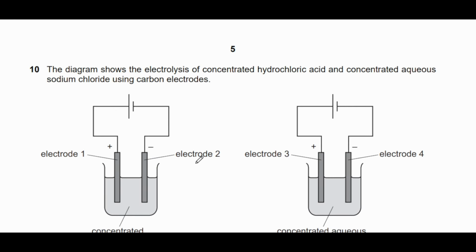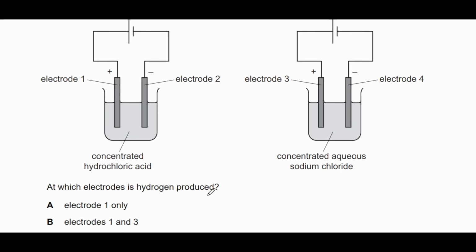The diagram shows the electrolysis of concentrated hydrochloric acid and concentrated aqueous sodium chloride using carbon electrodes. At which electrode is hydrogen produced? Okay, so firstly, you need to know that a hydrogen ion is positively charged. It will be H+, right? So a positively charged ion will be attracted to the negative electrode, which is the cathode, right?